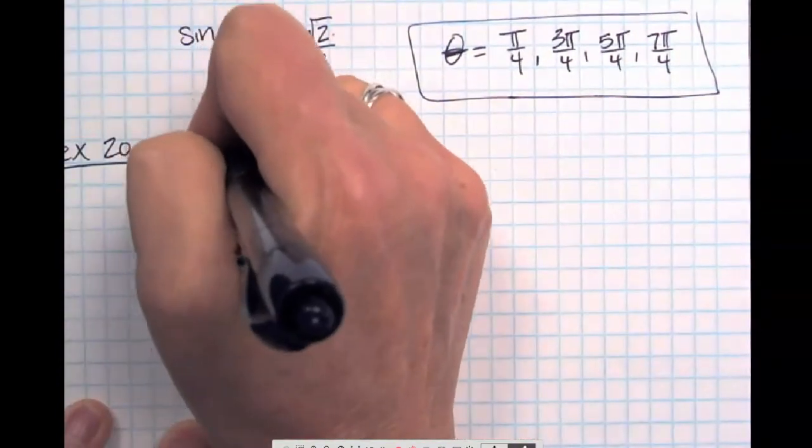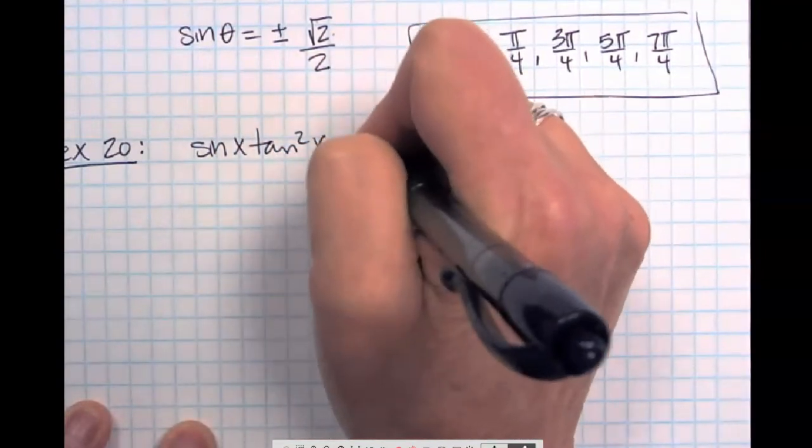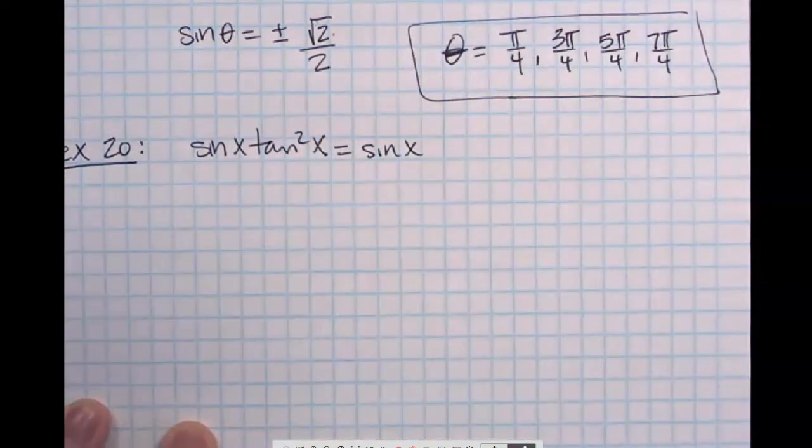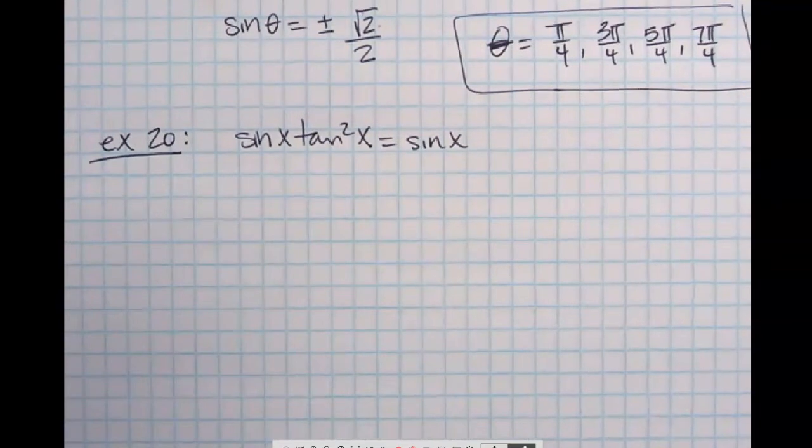Okay, sine x, tangent squared x equals sine x. Should I start this one?